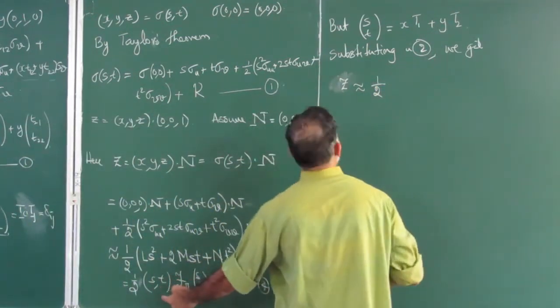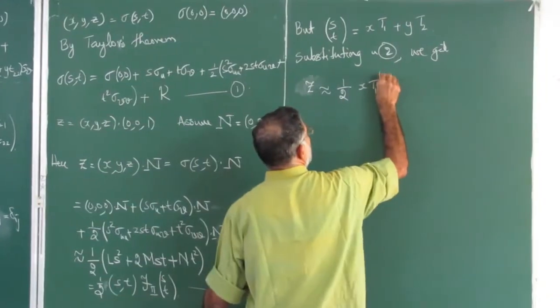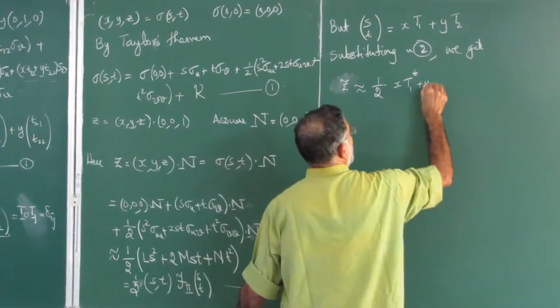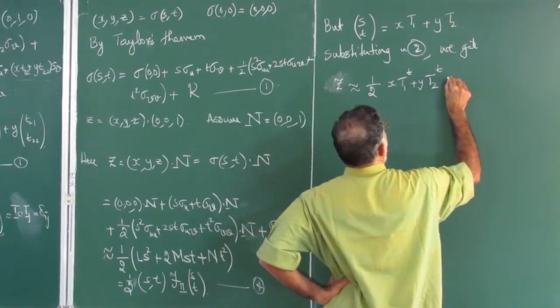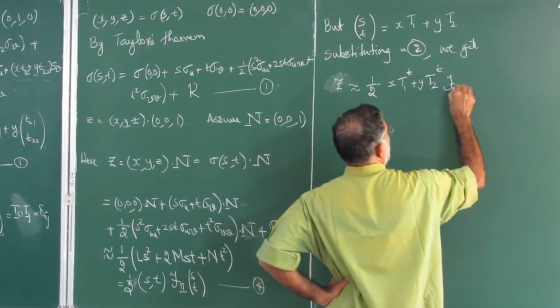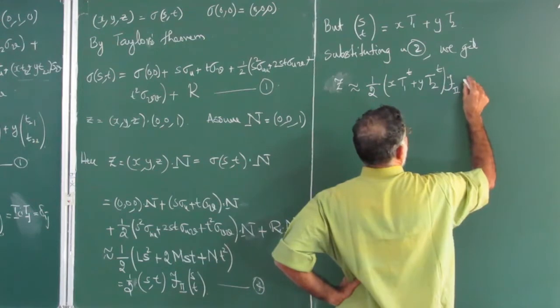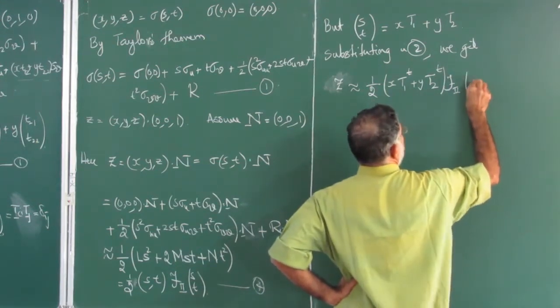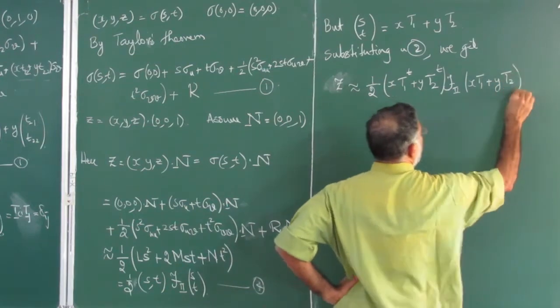So let me write this: sigma st is x t1 transpose plus y t2 transpose, f2, half is outside, x t1 plus y t2.